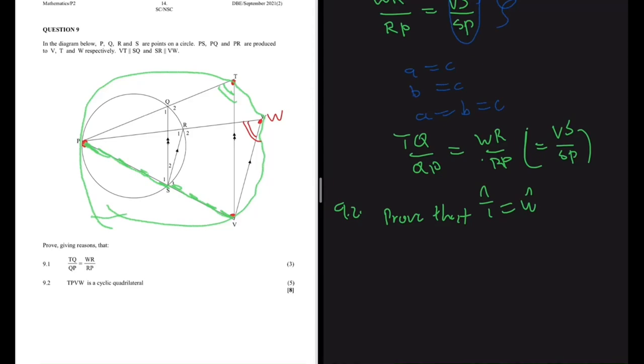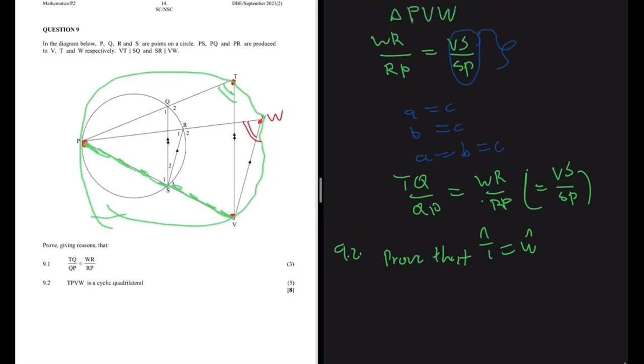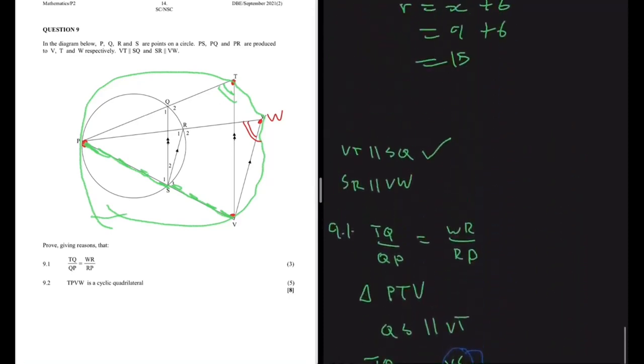Let's go back to the keywords again, because we agreed that for this question, we're only going to stick with the keywords, right? All questions on Euclidean geometry, you stick to the keywords and nothing else. So the first keyword says VT is parallel to SQ.